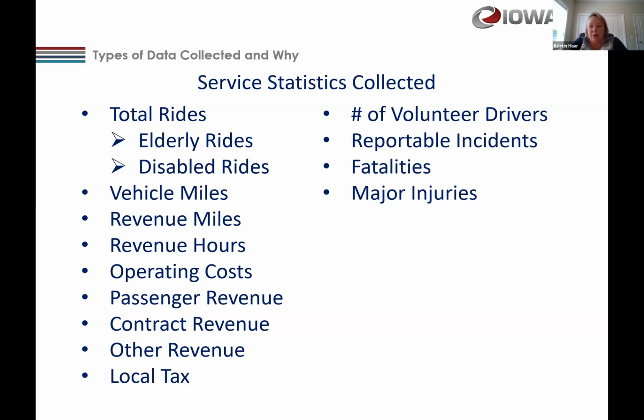And then for our annual NTD reporting, we do need the number of volunteer drivers, reportable incidents, fatalities, and major injuries. So that's some extra information we collect at the end of the year, but all of the other information we collect on a quarterly basis from all 35 transit agencies.